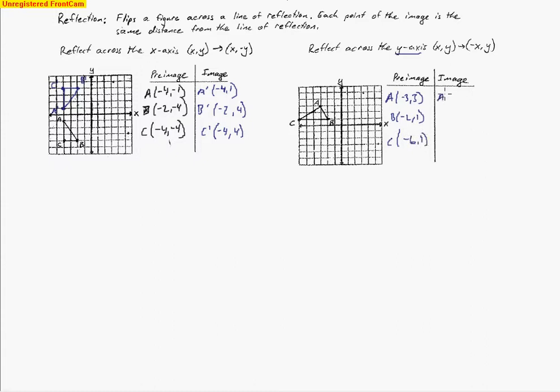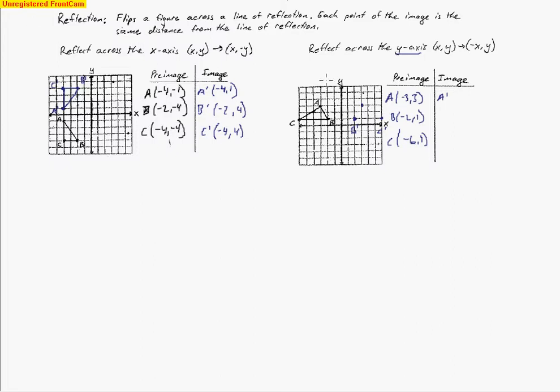Now, for A prime, we're reflecting about the y-axis this time, so it's going to be going horizontal. So B is 2 spaces to the y-axis, so 2 spaces over on the other side, and that would give me B prime. C is 6 spaces from the y-axis, so I'll go 6 spaces that way. And A is 3 spaces over from the y-axis as well.